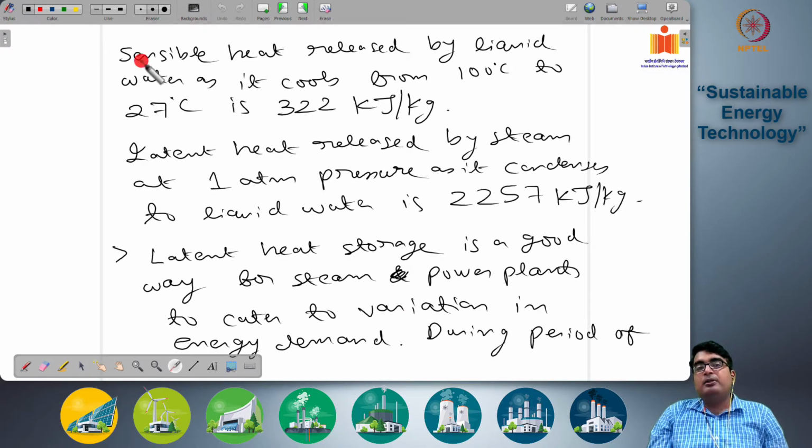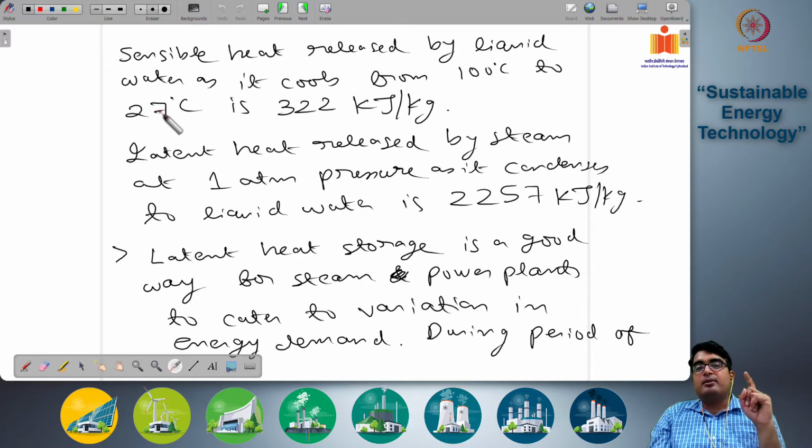So for example, sensible heat released by liquid water as it cools from 100 degrees centigrade to 27 degrees centigrade is 322 kilojoules per kg. So if you look at liquid water, which is at 100 degrees, just about to boil, and cool it down to room temperature, say 27 degrees centigrade, then the heat that you are releasing per kg of that water is 322 kilojoules.